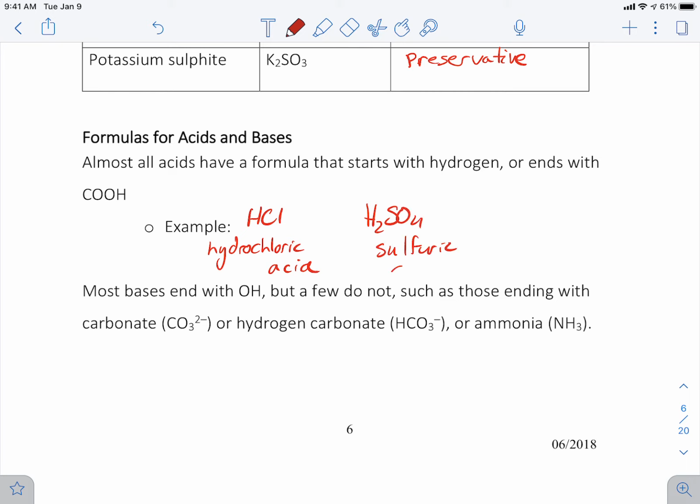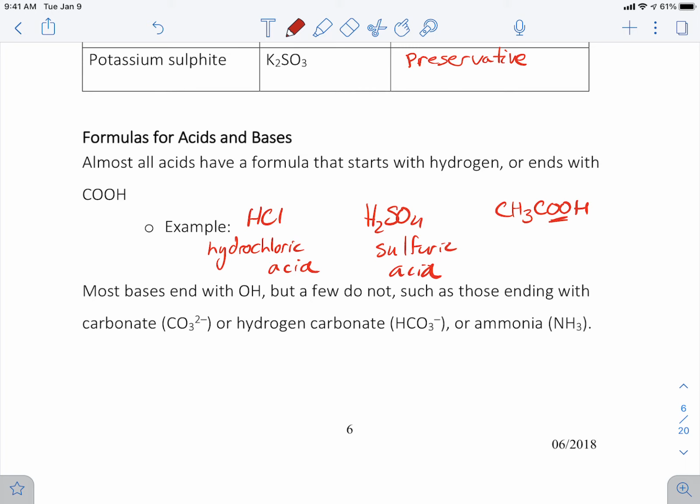sulfuric acid. Or in some cases, especially what we call organic acids, you might have something like this, CH3COOH. And this is a very peculiar way of writing this formula that is very common and typically not done in any different way.